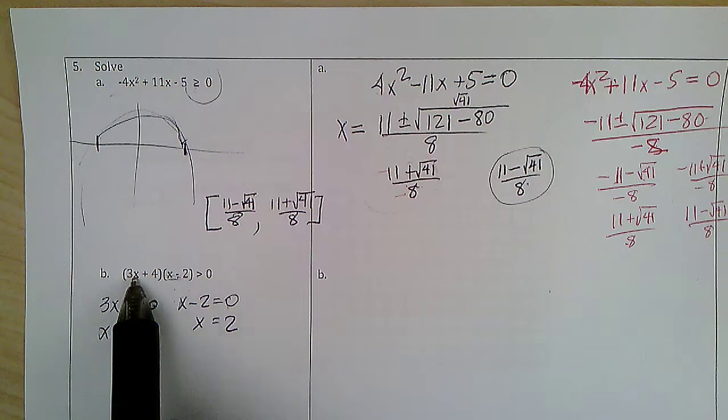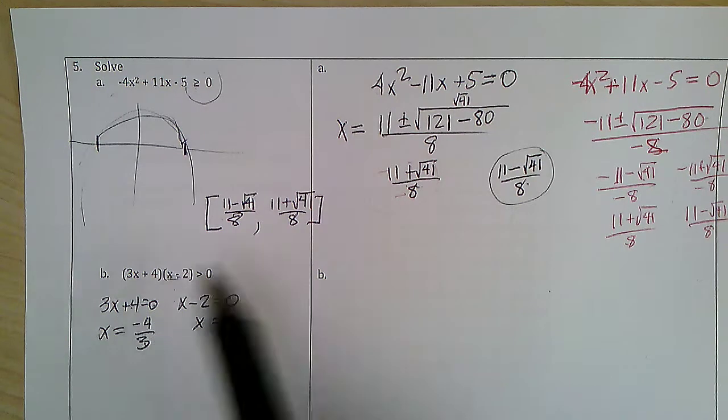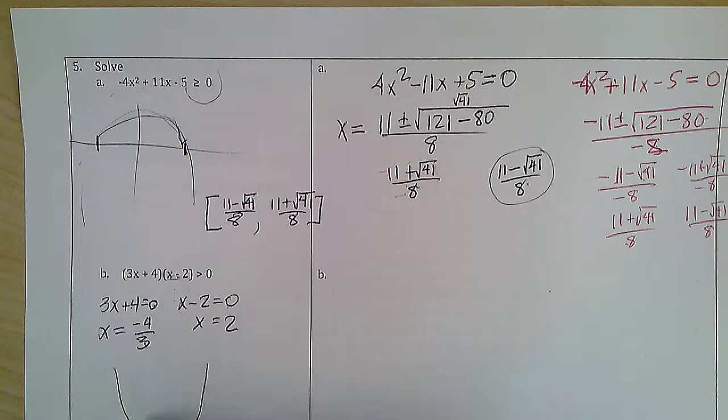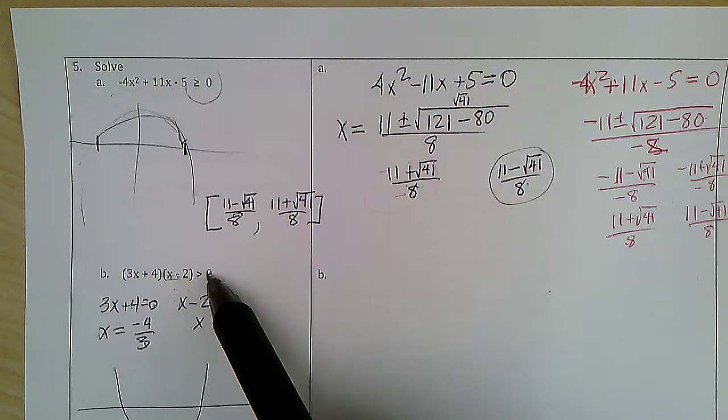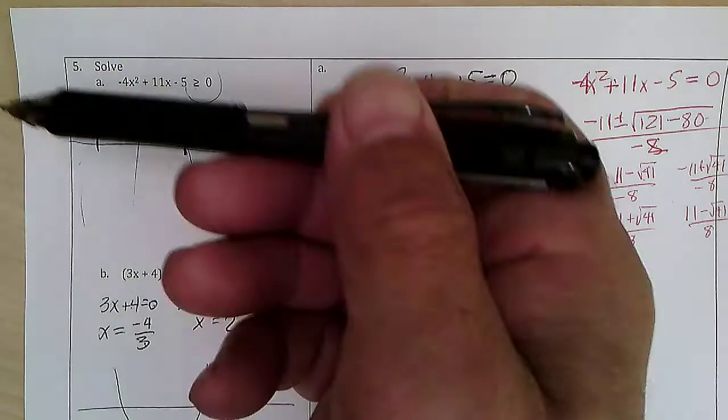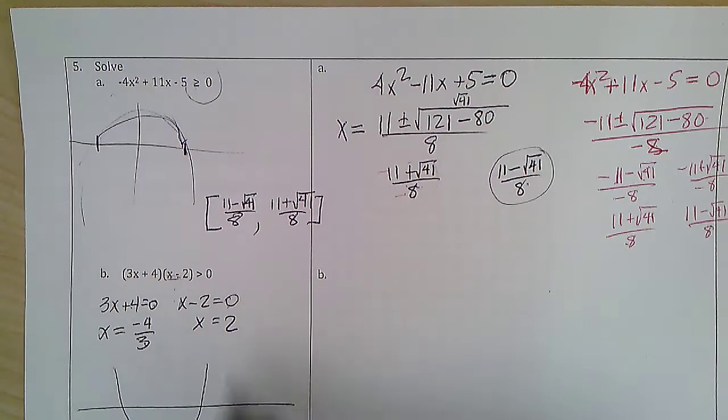This is 3x squared. That's a positive. So it's a parabola, looks like this. What part of this will be greater than 0? Above 0 in the y. It would be out here. This is positive. And over here, this is positive.